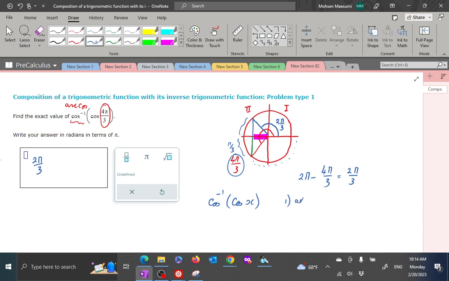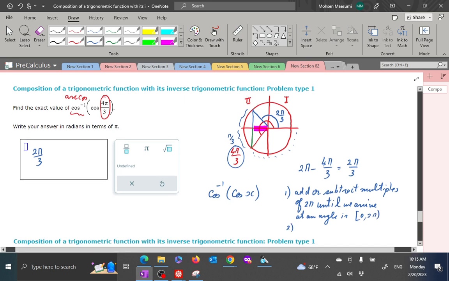So step 1 is add or subtract multiples of 2 pi until we arrive at an angle in 0 and 2 pi.